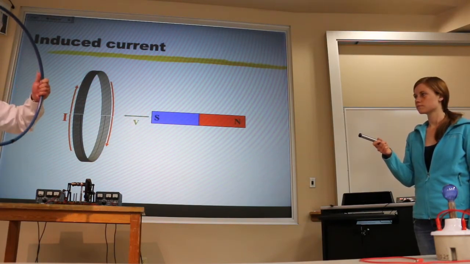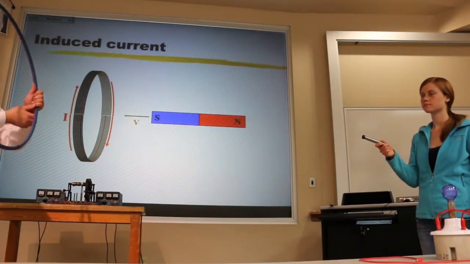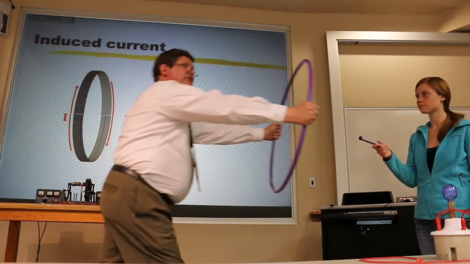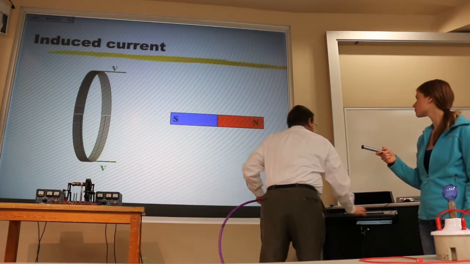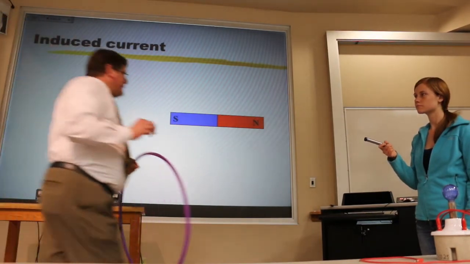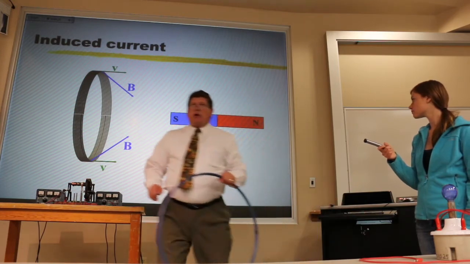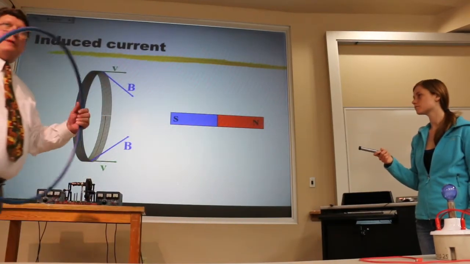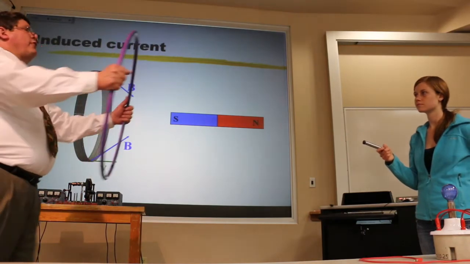I am moving not only the loop towards the south pole, but all of these charge carriers in the loop towards the south pole. Now, that's going to give them all the velocity towards Amanda in a magnetic field that is pointing towards the south pole that she's holding. Because those two directions are not the same, I'm going to get a magnetic force.